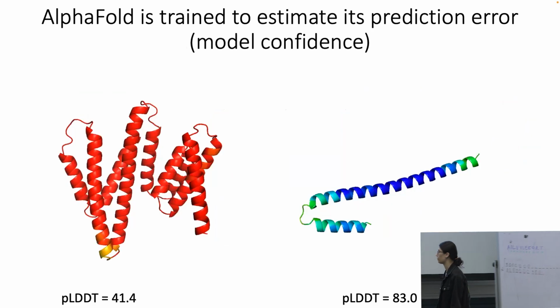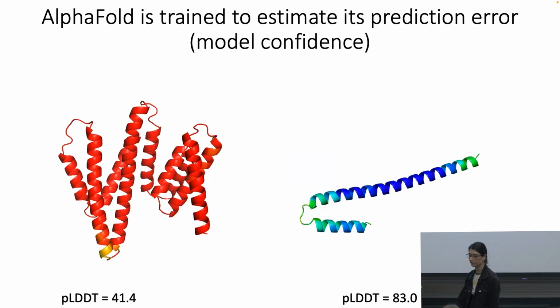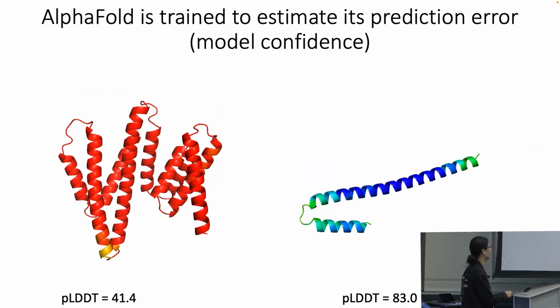We will dive more into it, but pLDDT is the name of the confidence score we've been talking about. This is a learned estimation of AlphaFold's own error. So AlphaFold learns how to estimate its own error. Whenever it makes a prediction for a structure, it also predicts how well it did, right?